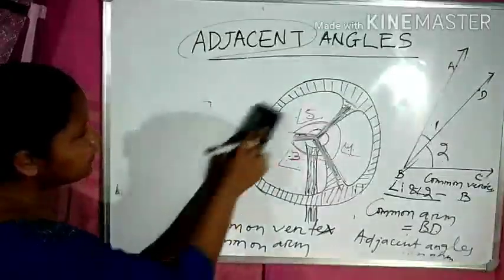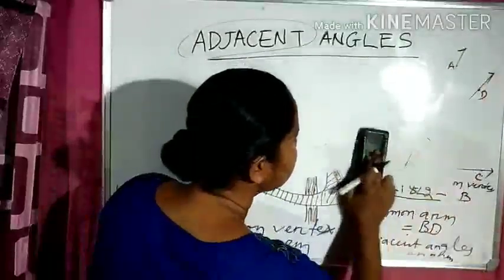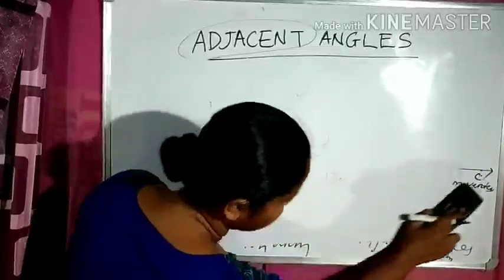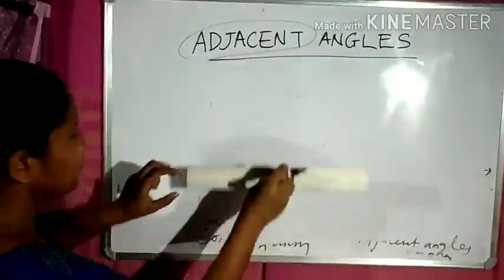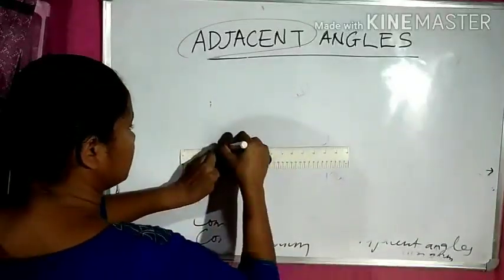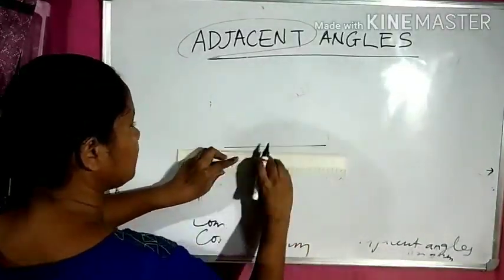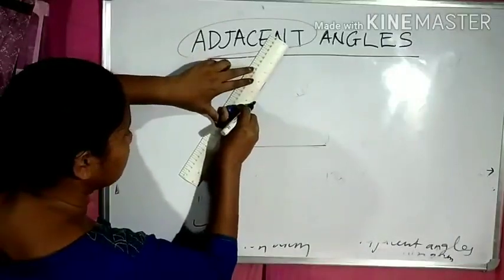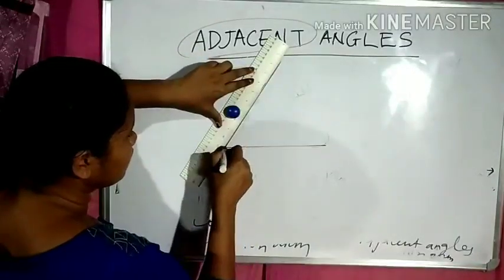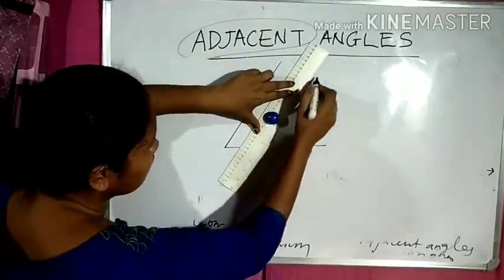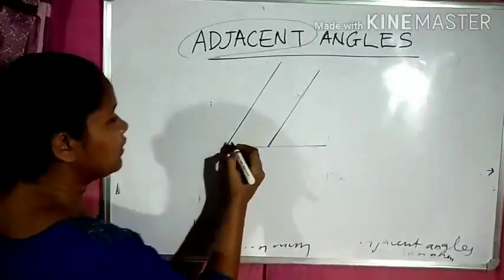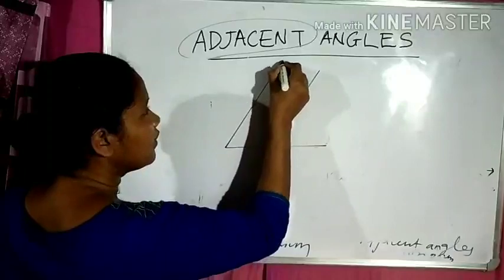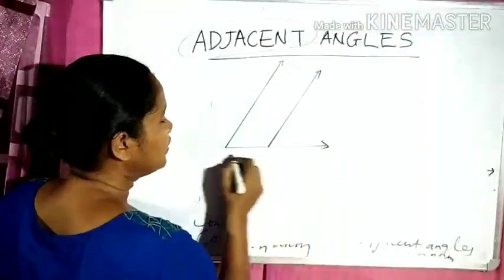Next we'll see another picture. Here let's see. There are two angles.